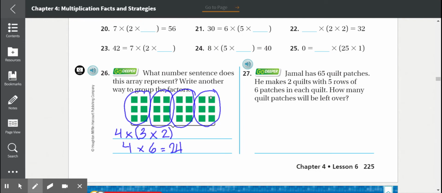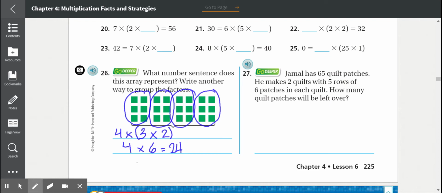Oh, wait, that's 8. But that's okay because we multiplied it. We multiplied the 3 times 2, which is 6, and times that by 4 is 24. Because there were 3 rows of 8.